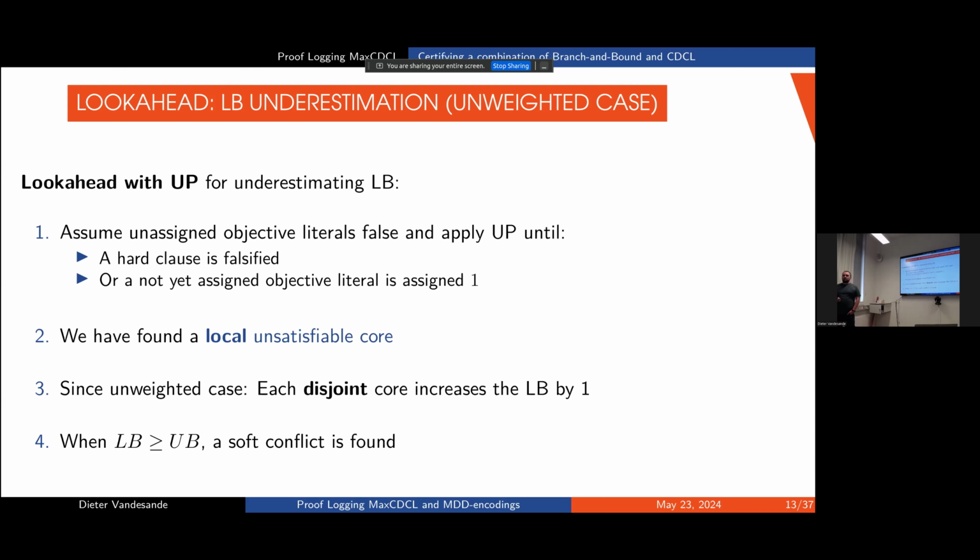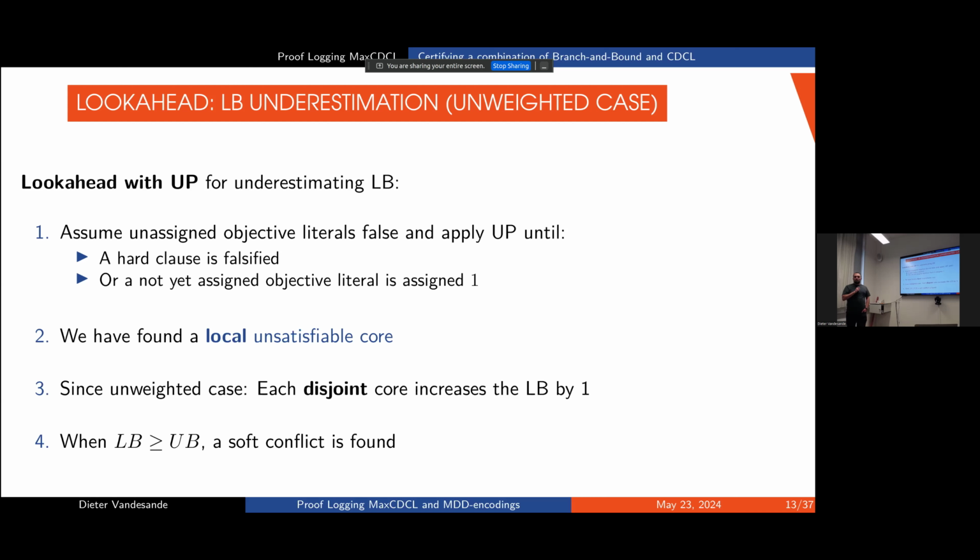If a hard clause is falsified because a not yet assigned objective literal is assigned 1, then we know that of the assumed objective literals, at least one of them needs to be assigned 1. And we call that a local core. And it's called a local core because it depends on the current partial assignment of the current node in the search tree.